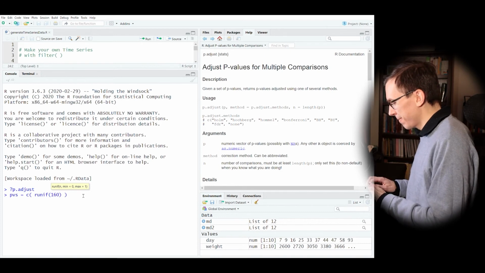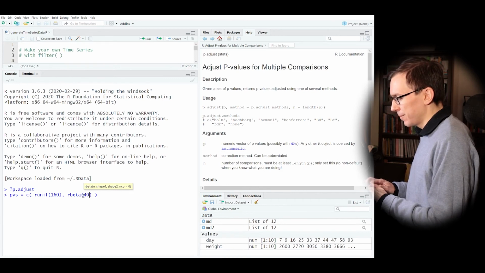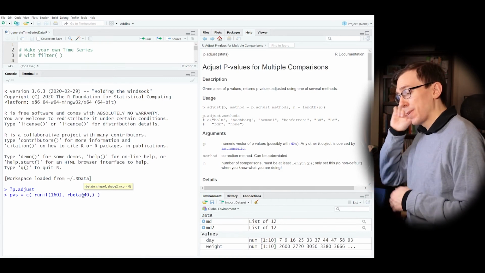And then we're going to do a random beta, where we generate 40 beta distributed random variables.